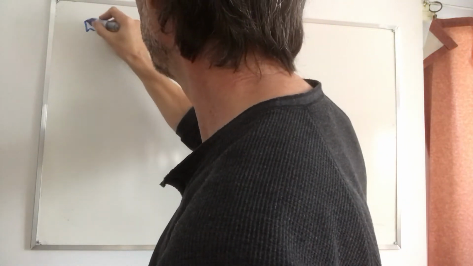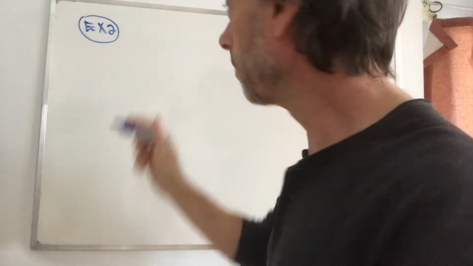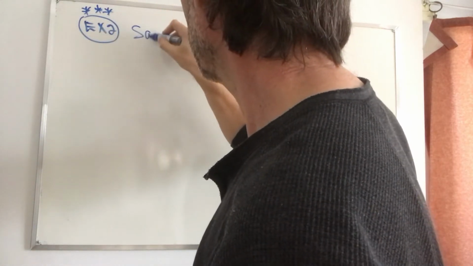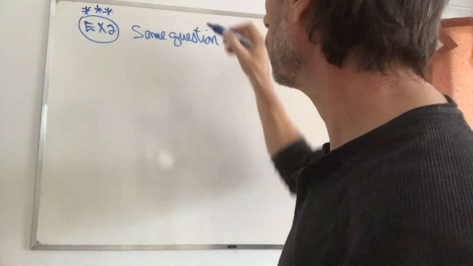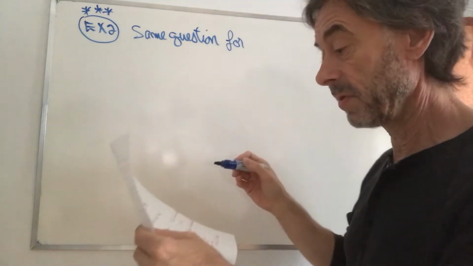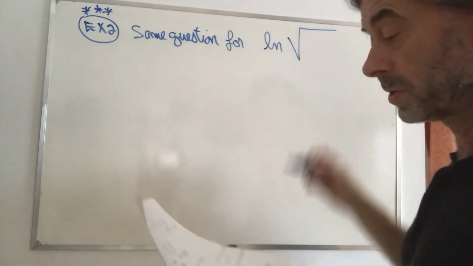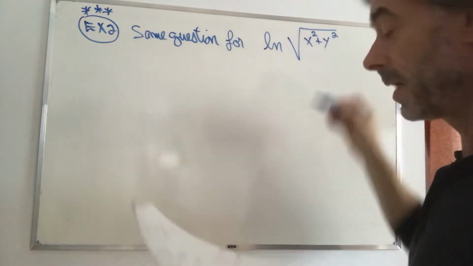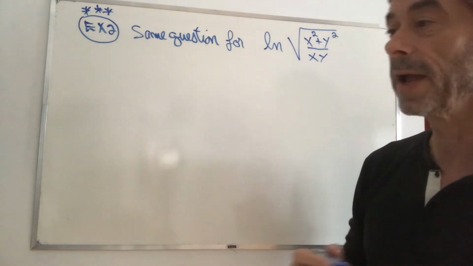Okay, example 2. Is this a little more difficult? Well, perhaps. Let's give it 3 stars. Same question. So write using several logs, what do I have here? ln of the root of x squared plus y squared over x times y.